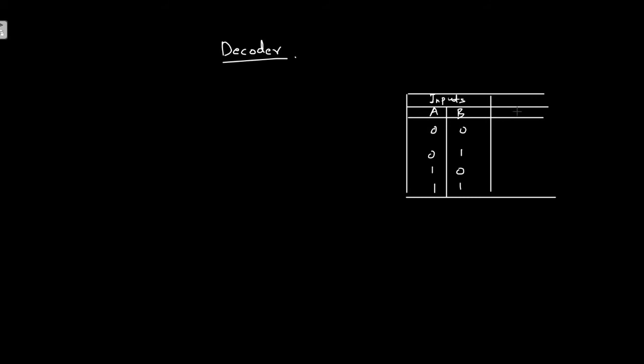Accordingly, as there are two variables, there will be 4 input states, and when we want to know the decimal equivalent of any state, we look at the output, which will indicate the decimal value of the binary input.